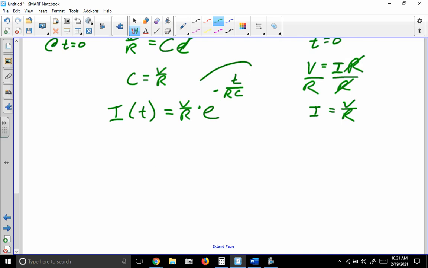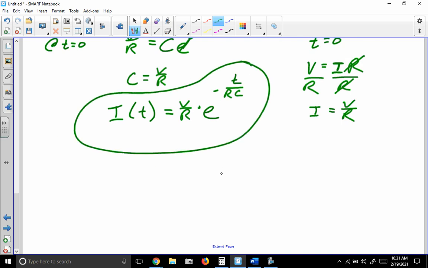So this is the general current function for an RC circuit: V over R times e to the negative t over RC. Sometimes RC is replaced with the letter tau. Tau is the time constant for an RC circuit. We're not going to worry too much about that right now.